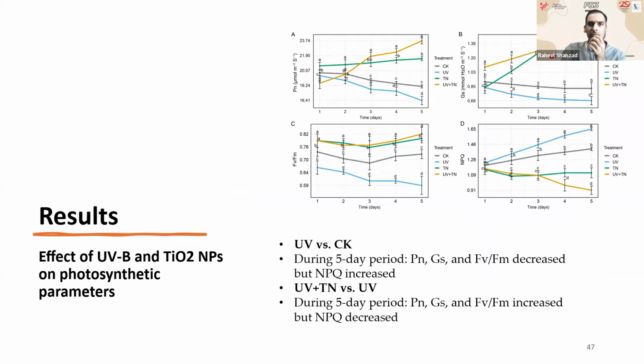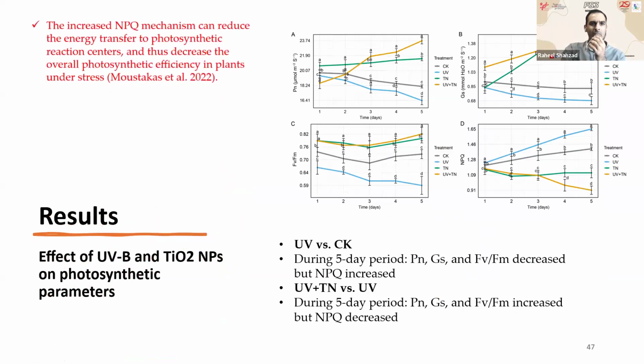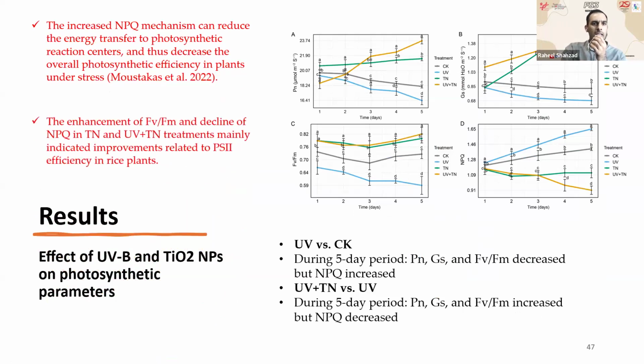We have also observed interesting results for some key parameters for photosynthesis. For example, the efficiency of the PS2 reaction center, which is denoted by Fv by Fm, was decreased, which has a very close association with the net photosynthetic rate.